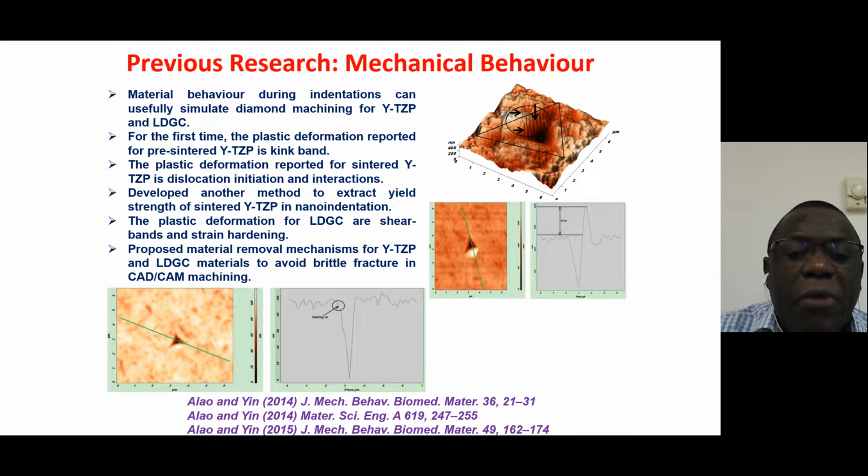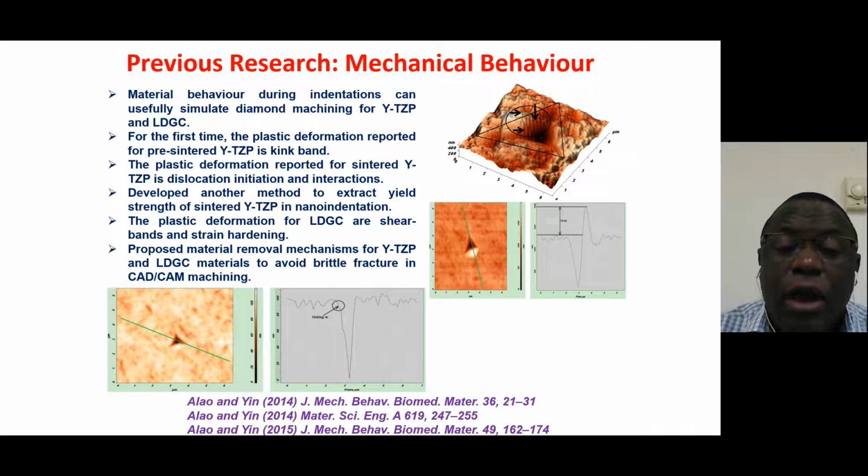Now, the mechanical deformation in presintered zirconia is different from that of sintered zirconia. For presintered zirconia, the mechanical deformation process is kink band. That is what I generated from the nanoindentation studies that I conducted.